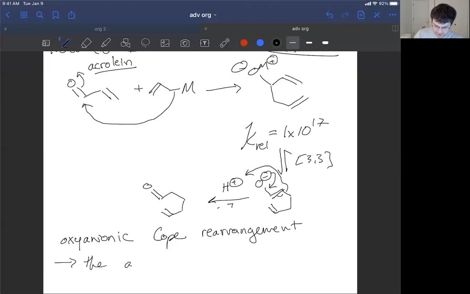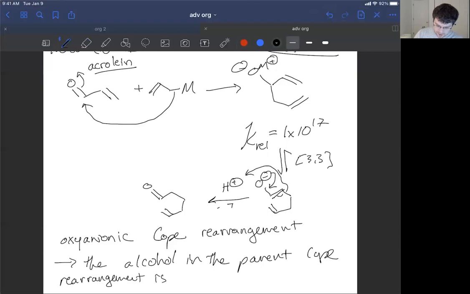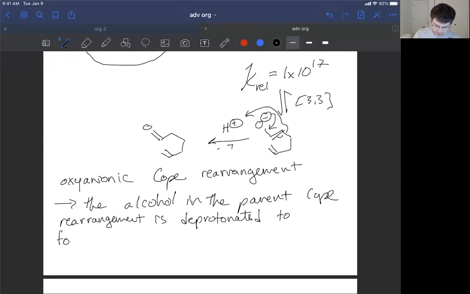That is to say, the alcohol in the parent cope rearrangement is deprotonated to form an oxyanion.